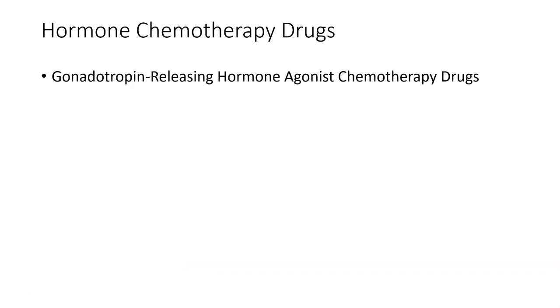Now with the hormones, if we can manage the actual release of the hormones, we have drugs that are considered to be gonadotropin releasing hormone agonist chemotherapy drugs. Our body and the endocrine system work primarily through negative feedback. It's kind of like a switch system. Think of it like a thermostat.